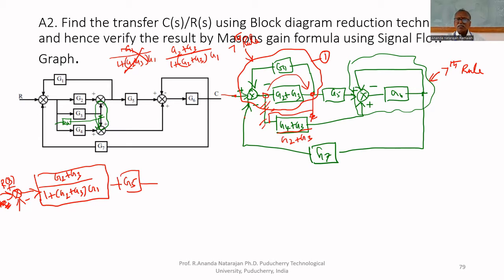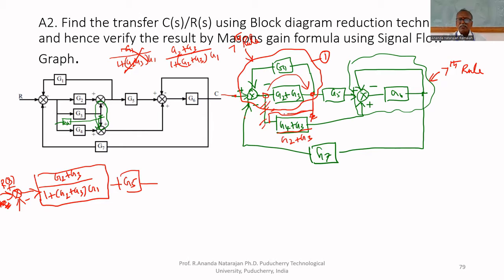Now this is coming here. G5 is in parallel with G4, so I can add G5 with that. Am I correct or not? Can I add? Because this, follow my pen.